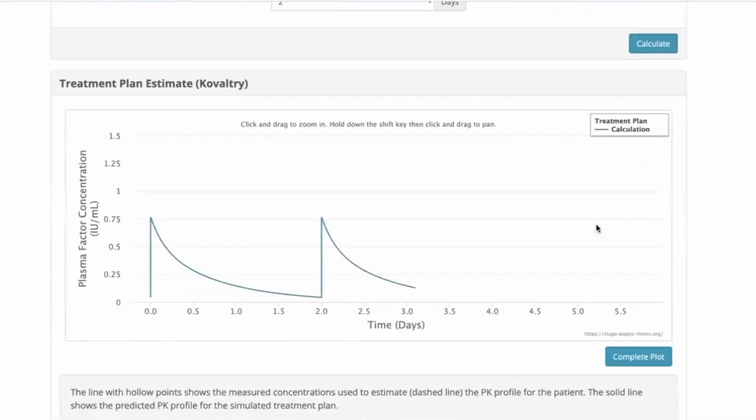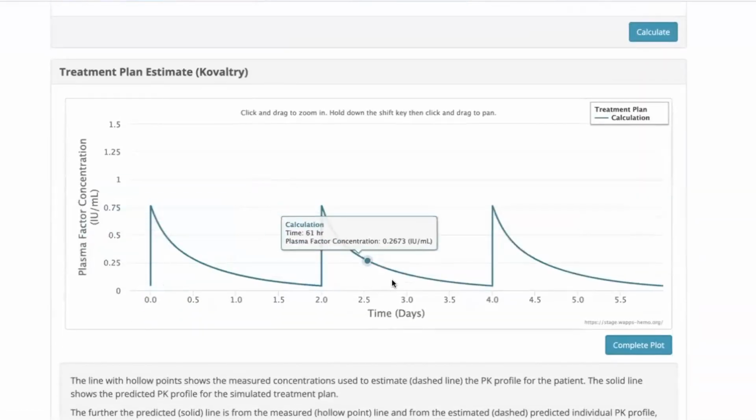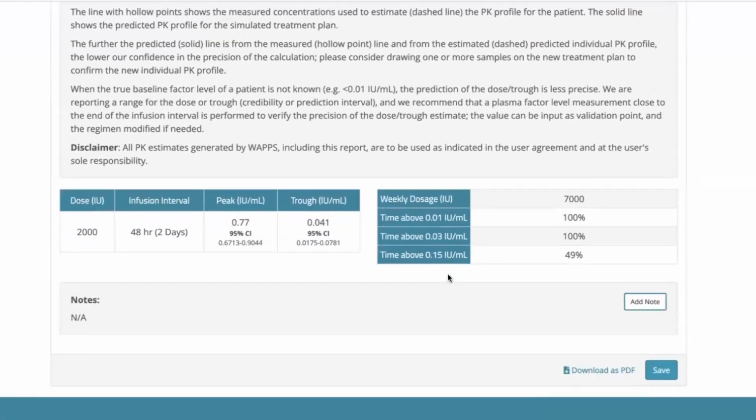Now the system tells me this is the graph, and peak is 77, and trough is 4.1. Now the time above 3% is 100%. Of course, the patient is getting more concentrate. He was on 6,000 before per week, now it's 7,000. But he gets full protection.